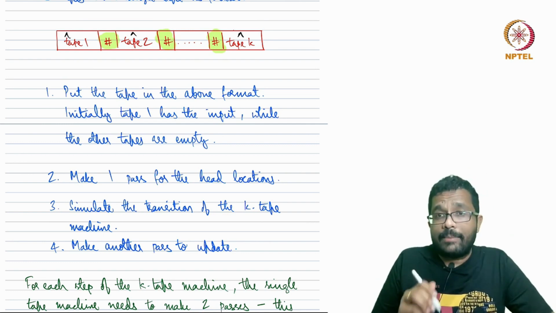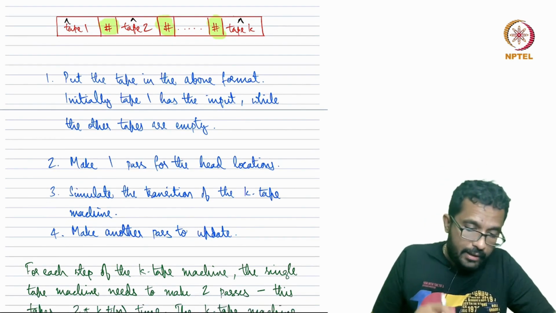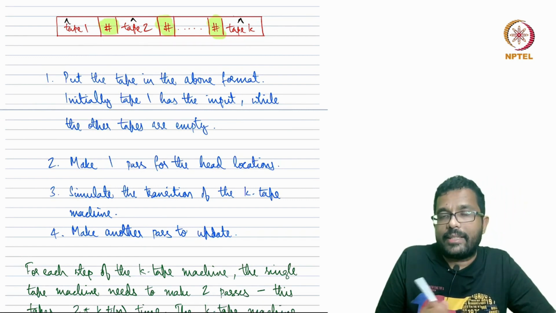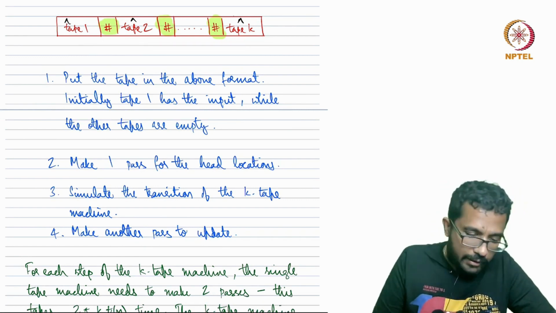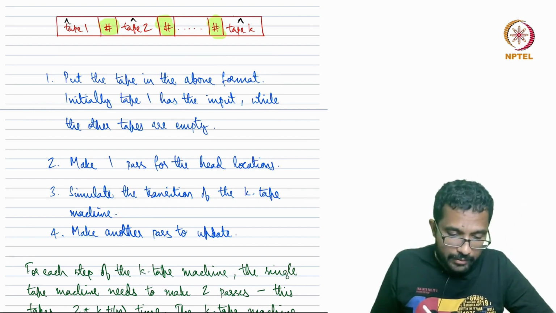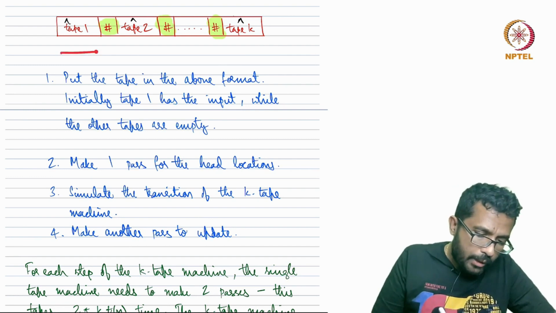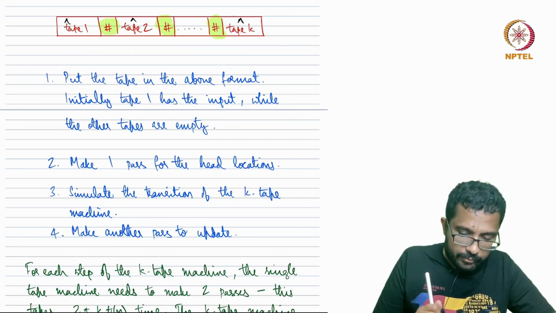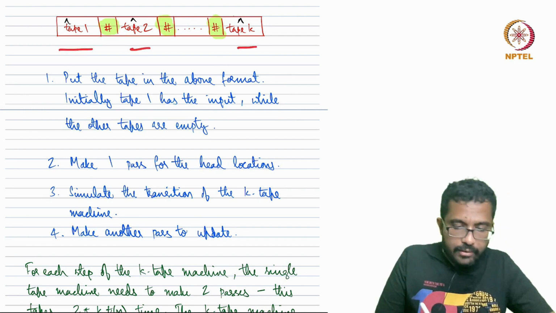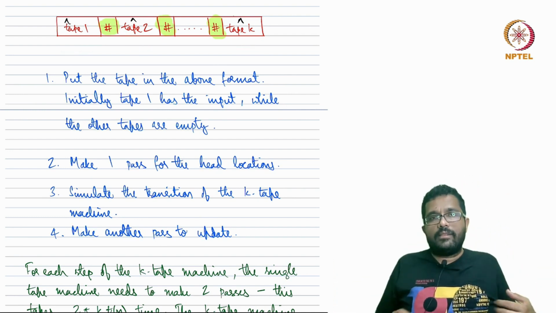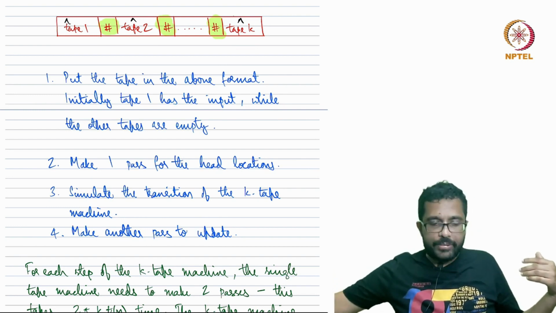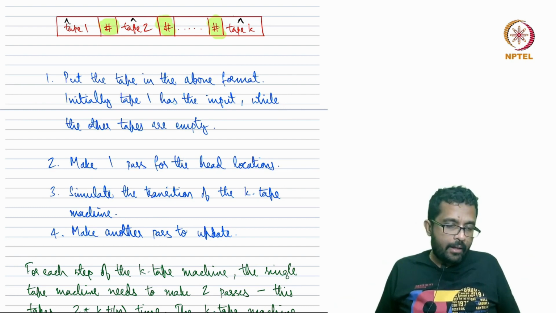For each step of the multi-tape Turing machine, the single tape Turing machine has to do one pass to read and understand what the head positions are, and then another pass to implement the changes. So two passes, but two passes, how long? There are k tapes. However long these k tapes are, or how much content the k tapes can have.